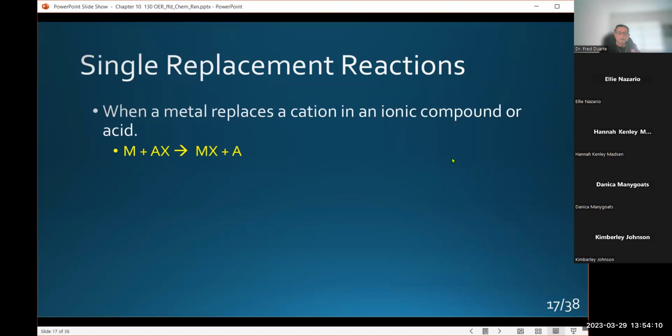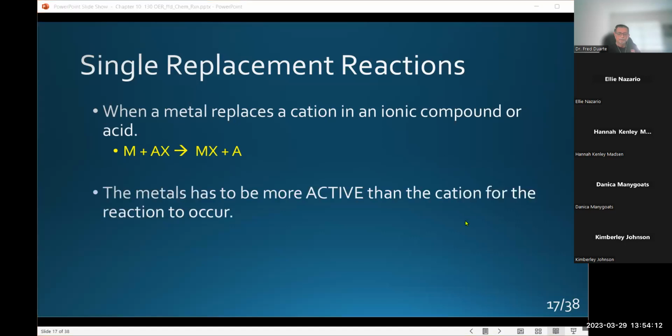And that's going to tell us whether a reaction will proceed. The metal that is most reactive has to go into ionic form. If it's more reactive than the other metal, we will get a positive reaction. If it's not more reactive than the other metal, there's going to be no reaction.